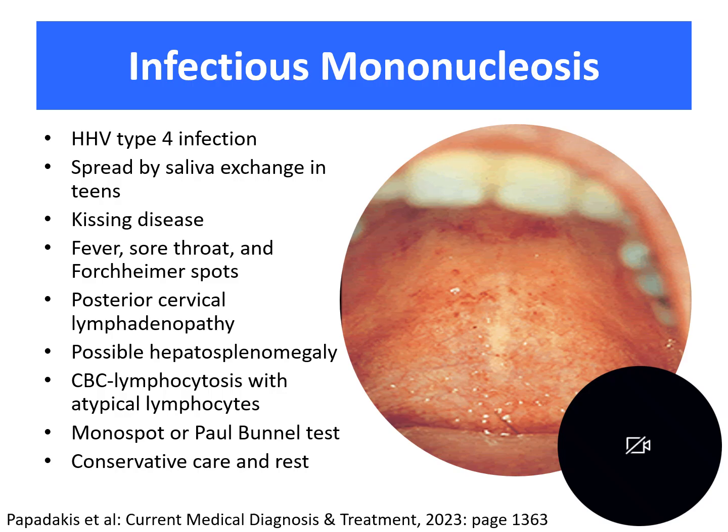In addition, the patient would have cervical lymphadenopathy, but not in the submandibular area. It's going to be primarily located in the posterior cervical triangle between the sternocleidomastoid muscle and the trapezius muscle.